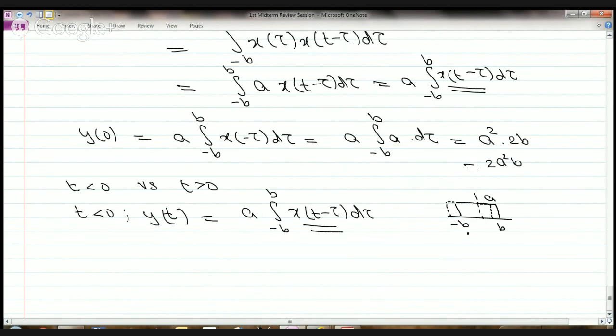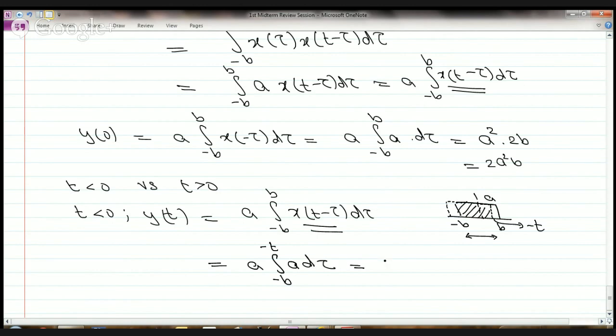So now my area that I am covering, this is my area that I am covering. So I get the integral of a from minus b to minus t, because this point is minus t, and the value that I get is a, so that's d tau. Okay.